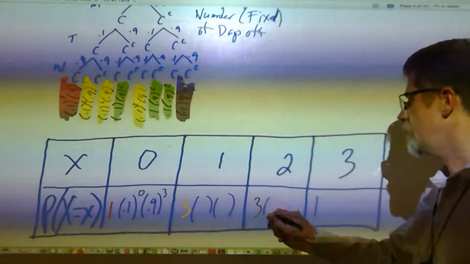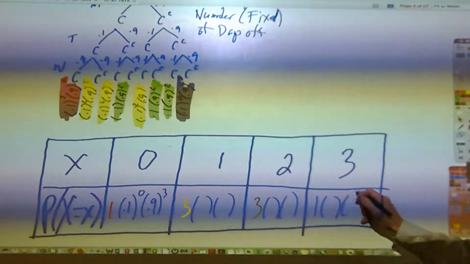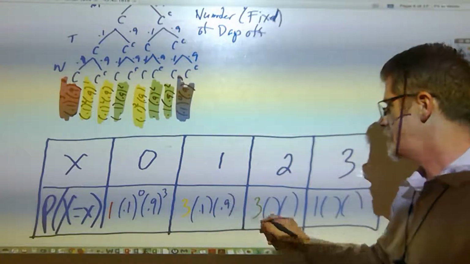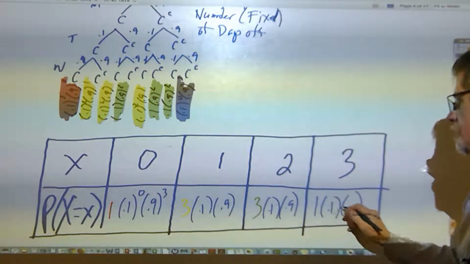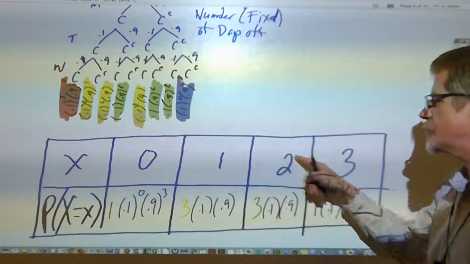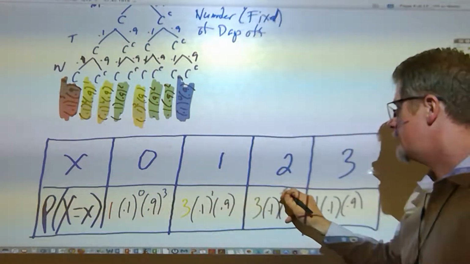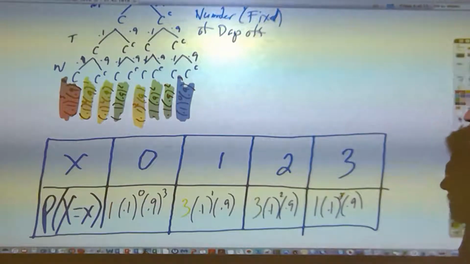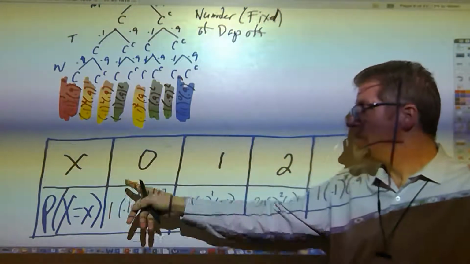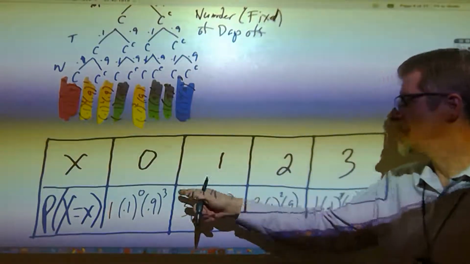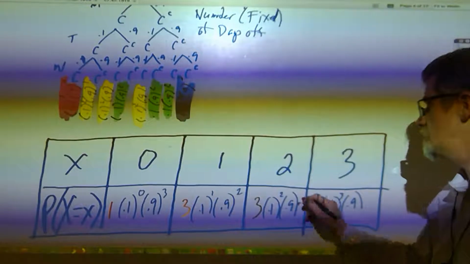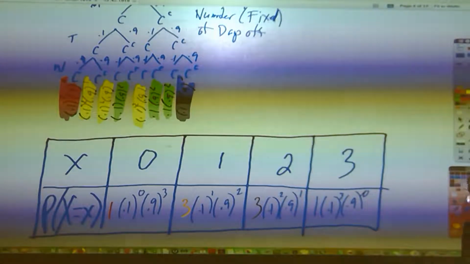And every cell has 3 numbers. It has the number of leaves, and then 0.1 to the something, 0.9 to the something. The exponents on 0.1 match the values of x: 0, 1, 2, 3. The exponents on p match the x values. The exponents on q, which is 1 minus p, descend 3, 2, 1, 0.